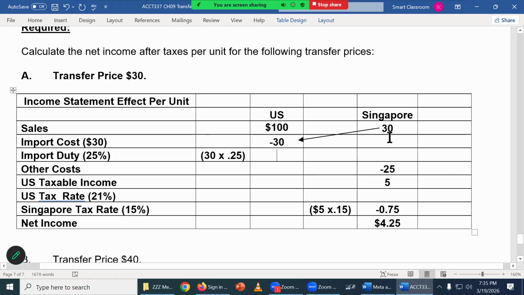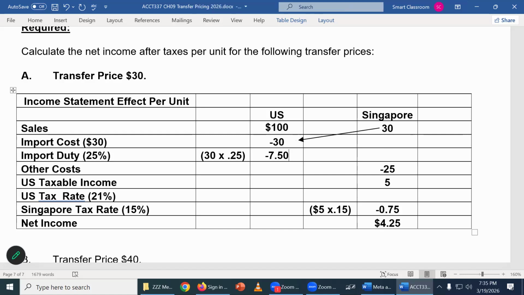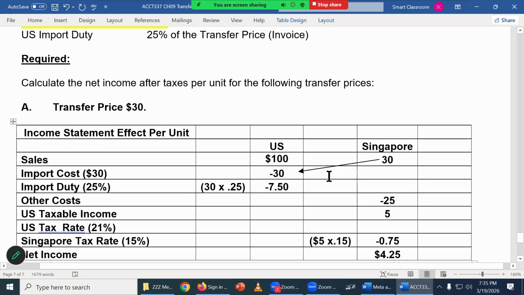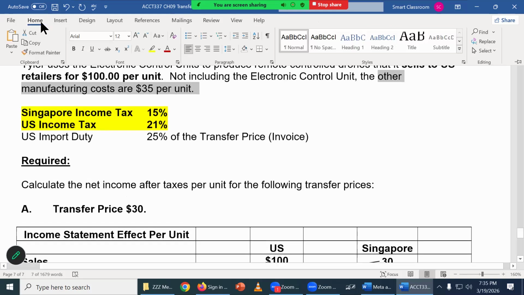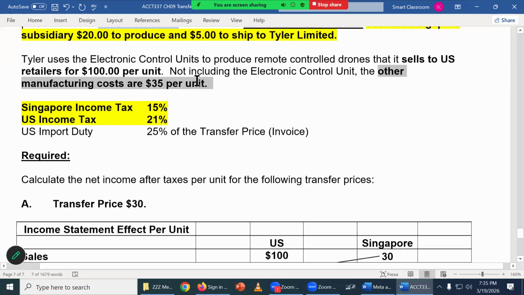Money coming in or going out? Negative. Other costs, 35.